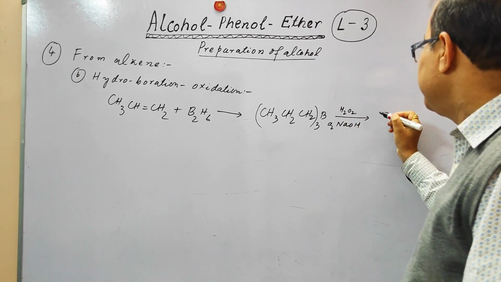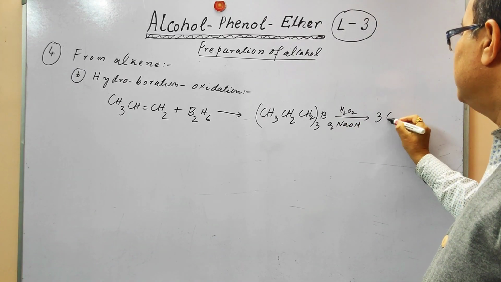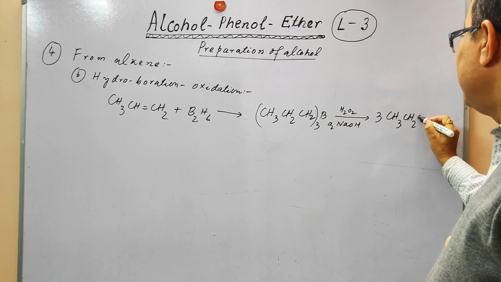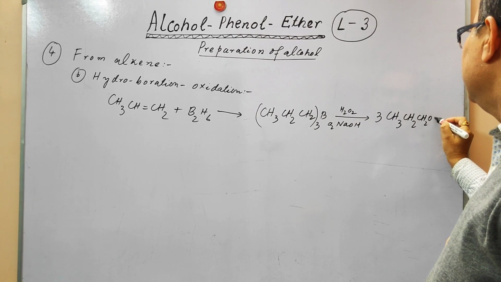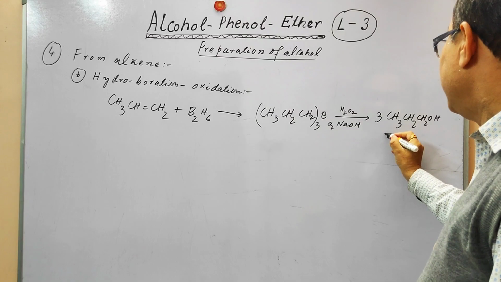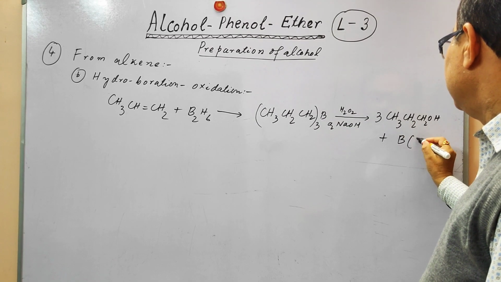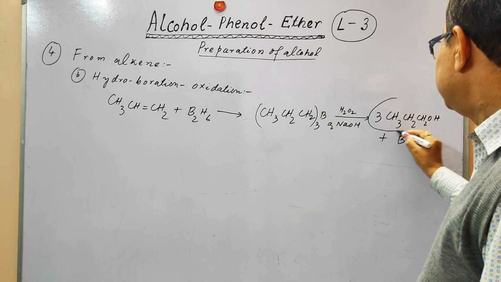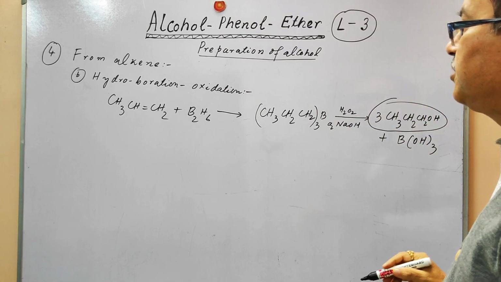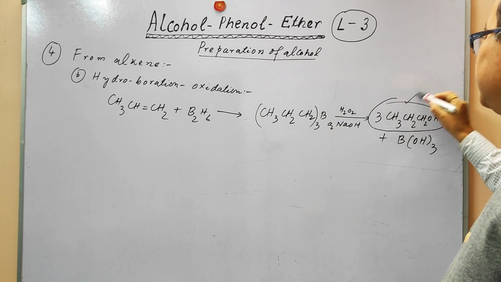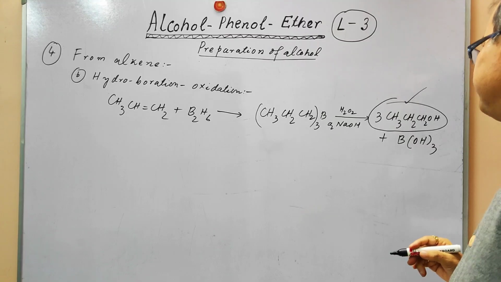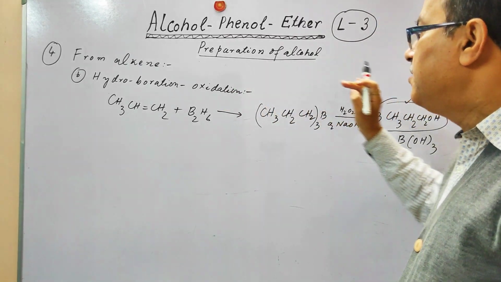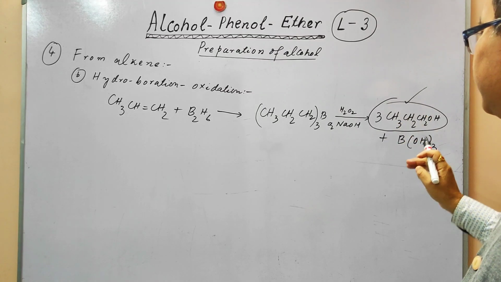and it will produce three molecules of propan-1-ol. This is propan-1-ol alcohol, and this product will be produced. So this is the way by hydroboration and oxidation we can produce alcohol from alkene. But what is the difference between acid hydration and hydroboration that you can understand?